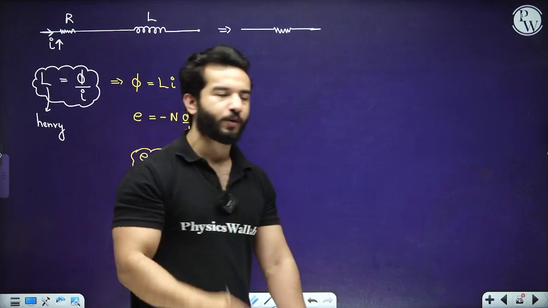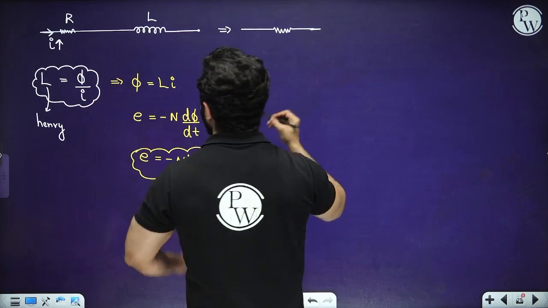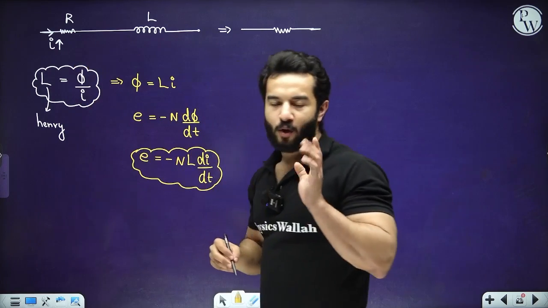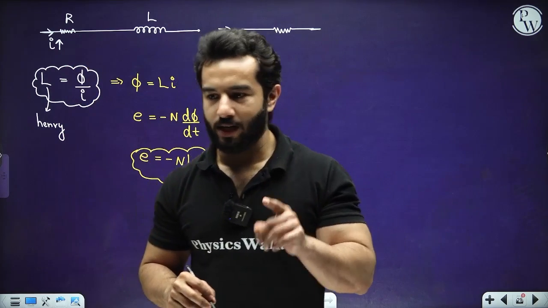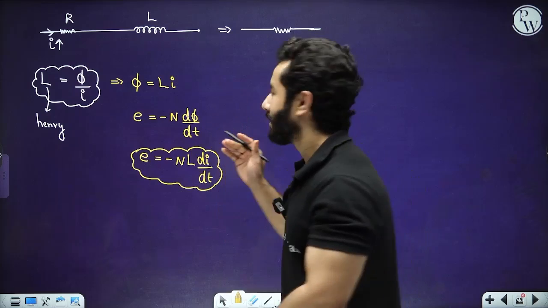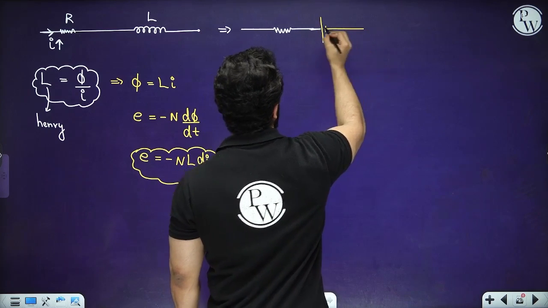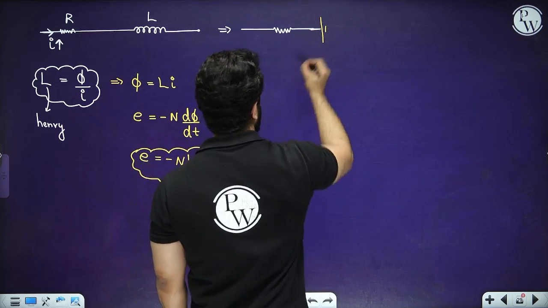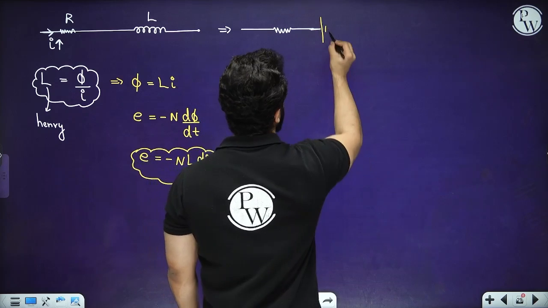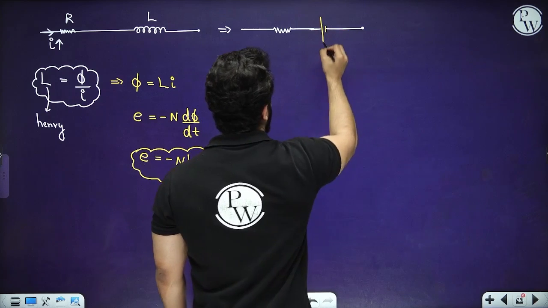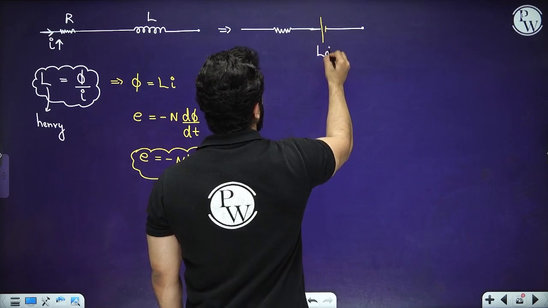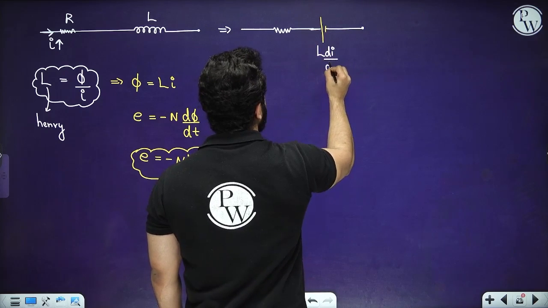This is known as coefficient of self-inductance. Because current was increasing, what would the inductor want? The inductor would want that current should not increase. So a fictitious battery will be over here, something like this. And the magnitude of the EMF of this is going to be L di by dt.